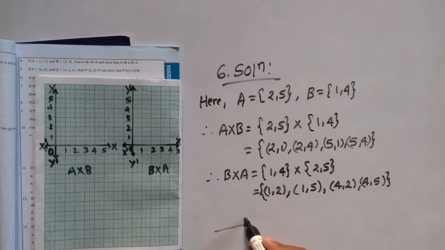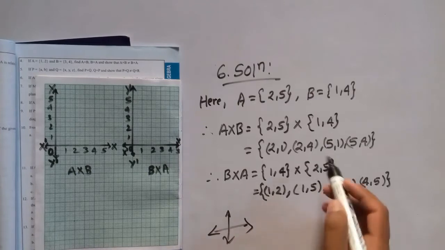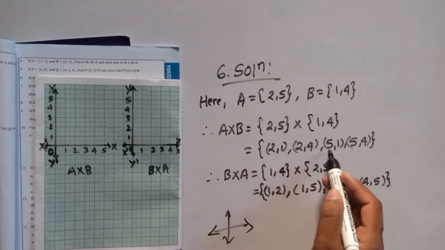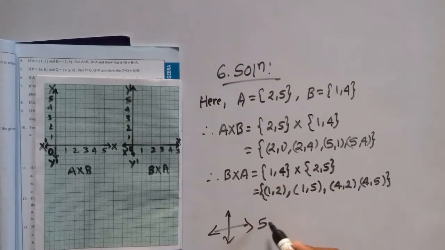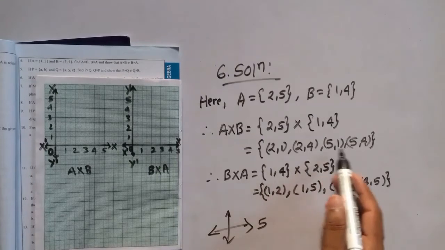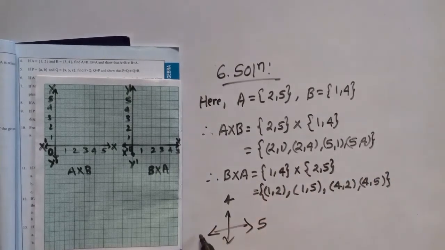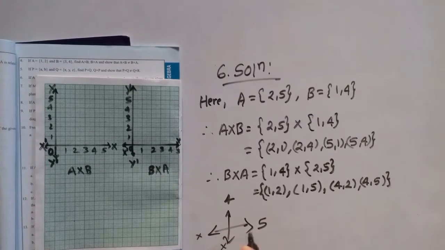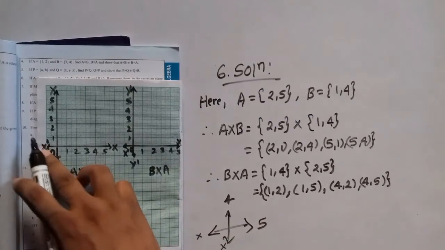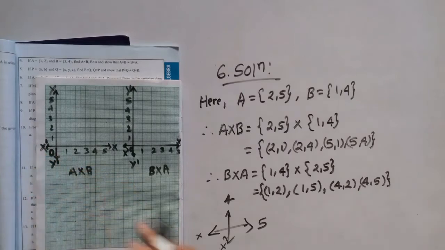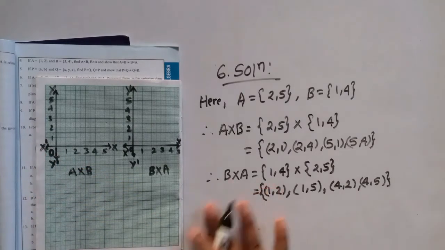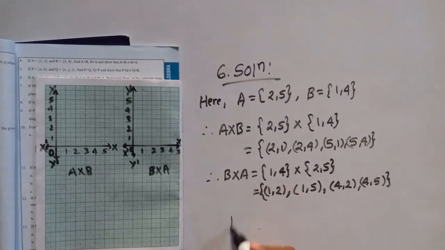At first we have to draw a rough sketch for the Cartesian plane. Here with 2 and 5, the maximum 5 is on the x-axis and the maximum 4 is on the y-axis, and this side we don't need, so I have not drawn it here. And for B cross A it is this side and 5 is this side.